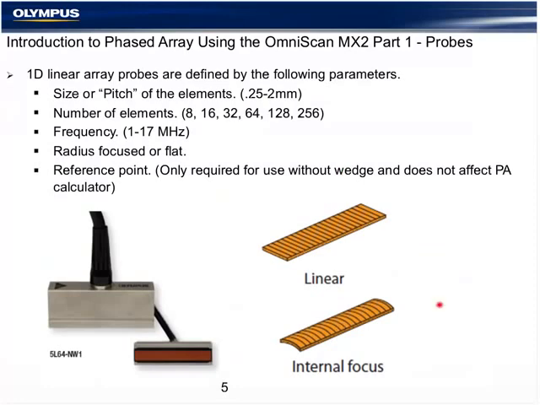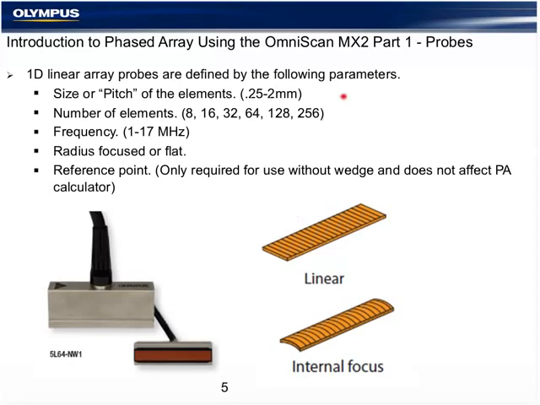So a 1D linear array is defined by the following parameters. What does the calculator or instrument need to drive this probe and give us what we want? The pitch or size of the element is known, and the majority of weld-type probes that we use have a pitch somewhere between about 1/2 millimeter to 1 millimeter.